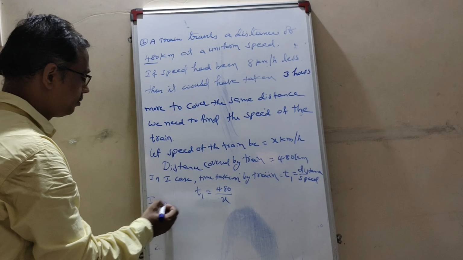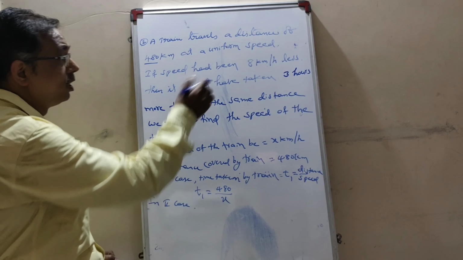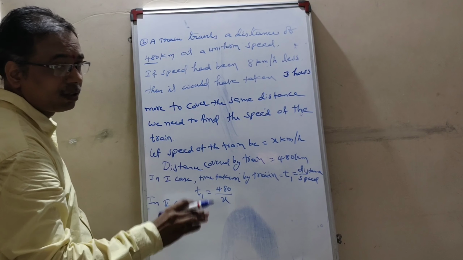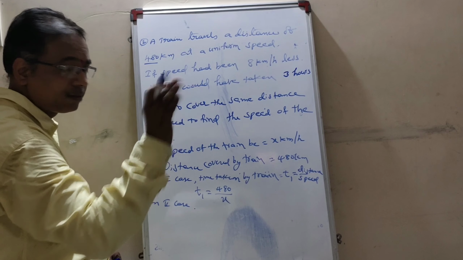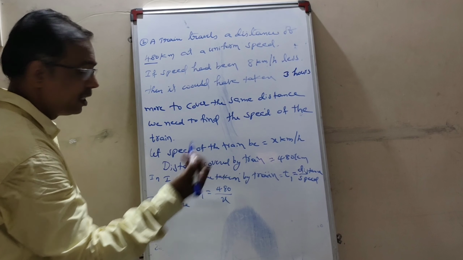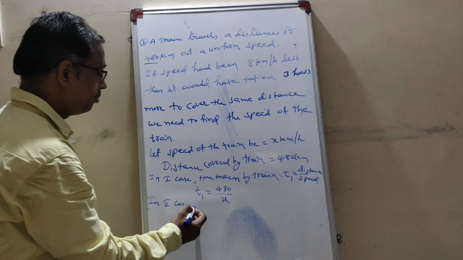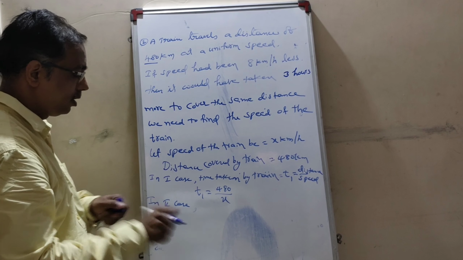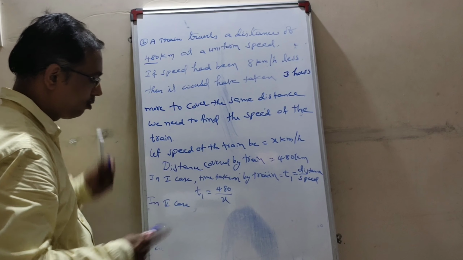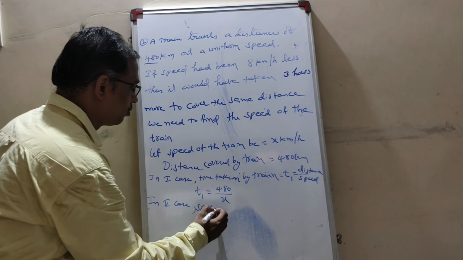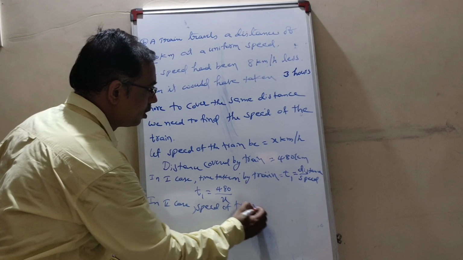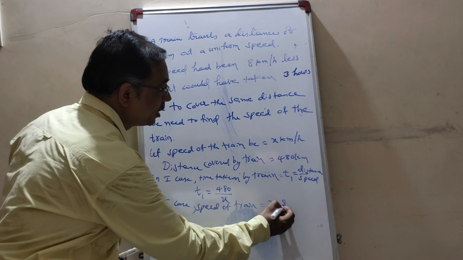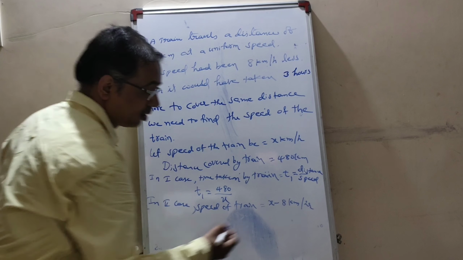In the second case, what happened? The speed of the train had been 8 km per hour less. That means the train speed becomes less, so then the time automatically increases by 3 hours. So in the second case, the speed of the train is simply x minus 8 km per hour.